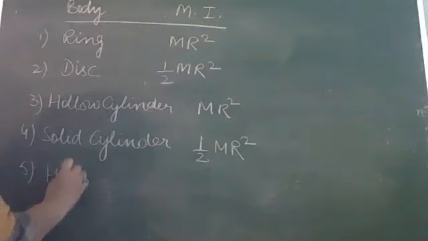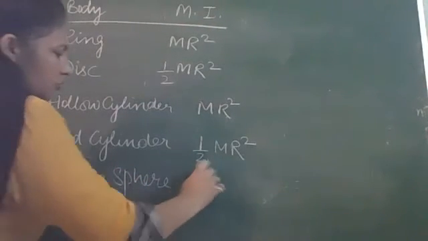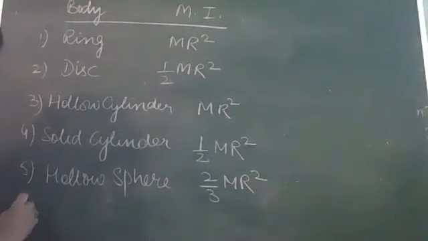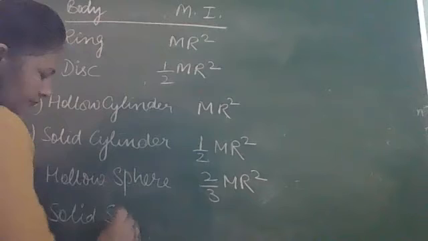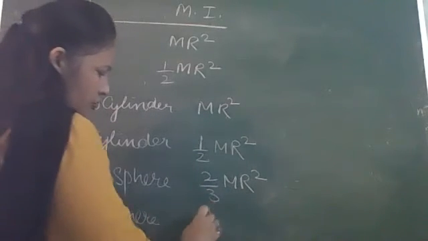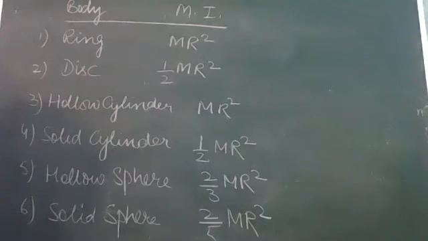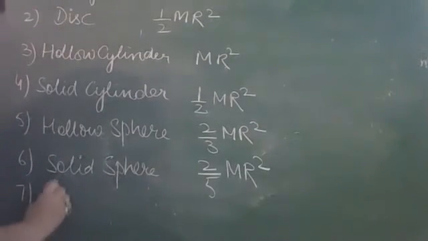Hollow sphere, 2 by 3 mr square. Solid sphere, 2 by 5 mr square. One more, we have a uniform rod.